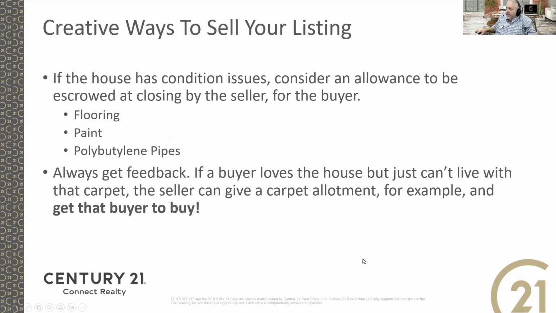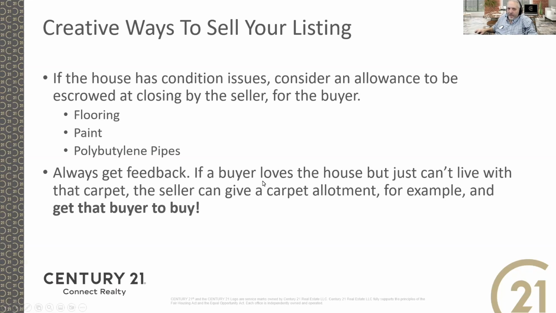If your particular home has issues with condition, then consider an allowance to be escrowed at closing by the seller for the buyer. So they could do flooring or paint, or one of the most prevalent ones is polybutylene pipes. There are contractors out there, flooring, painters, plumbers, that will do work when the money is escrowed by the closing attorney and can be done after the closing.